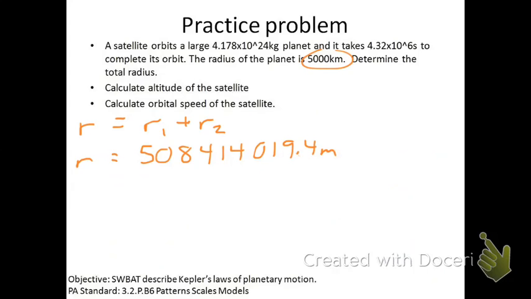We already converted that a while ago. That we would consider R1. That is 5 million. And actually, if you take the difference of these two, or if you plug the values in, this looks like a very similar algebra problem.